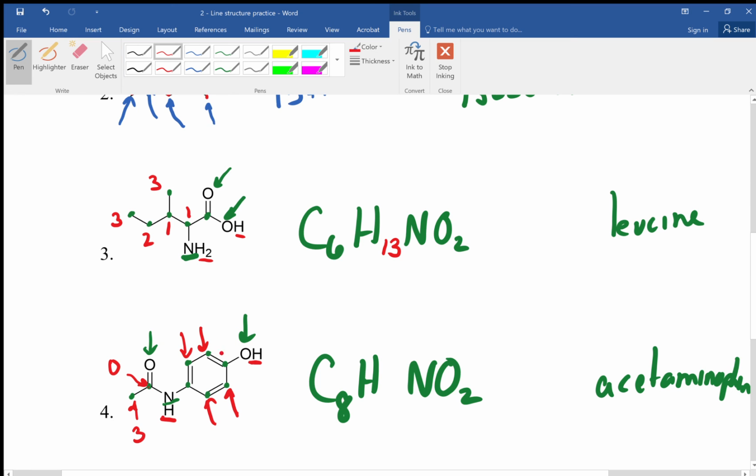So we have 3 bonds, which means there's 1 that's not drawn in. And then the last 2 carbons, here and here, they each have a double bond, a single bond, and then a single bond either to nitrogen or to oxygen, which means they have 4 bonds total, so they have no hydrogens. So now we just need to add up the hydrogens. We have 1 here, 2, 3, 4, 5, 6, 7, 8, 9.